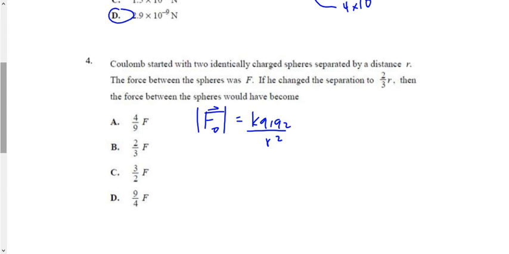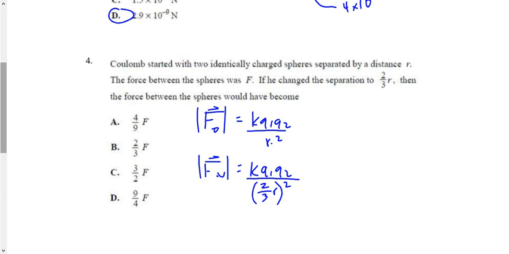My new force, after I make my changes to it, is K times, well, we're not changing the values of Q1 or Q2, but we are changing R. Now remember, we're changing the separation distance. This equation says KQ1, Q2 over separation distance squared. If we're squaring the old separation distance, then we have to square the new separation distance as well. So make sure that you don't say 2/3 R squared. Make sure that you say brackets 2/3 R, squared, because you got to square everything, right?